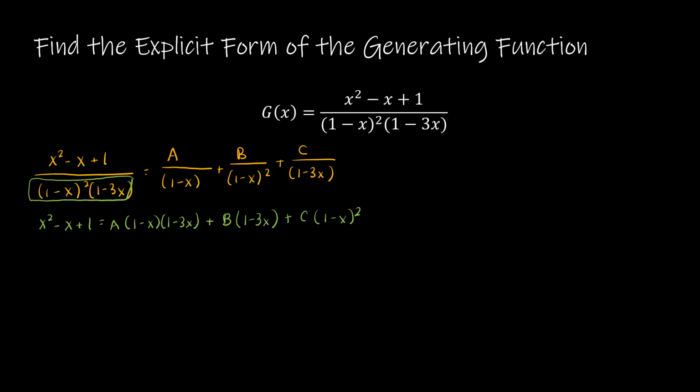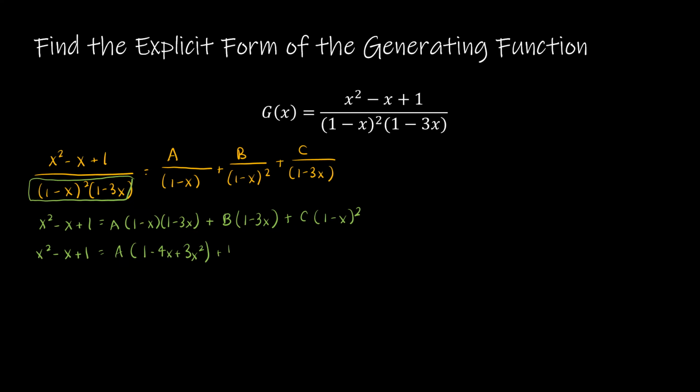Again, let's just do the math here. I've got x squared minus x plus 1. Here I'm going to multiply all of this out, and so I'm going to have A times 1 minus 4x plus 3x squared.